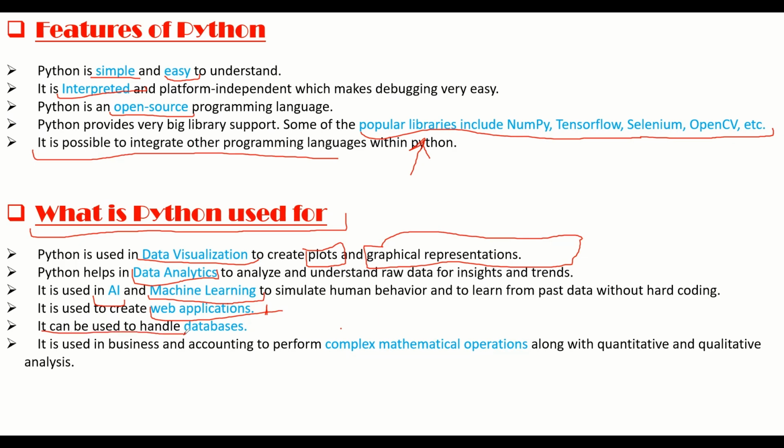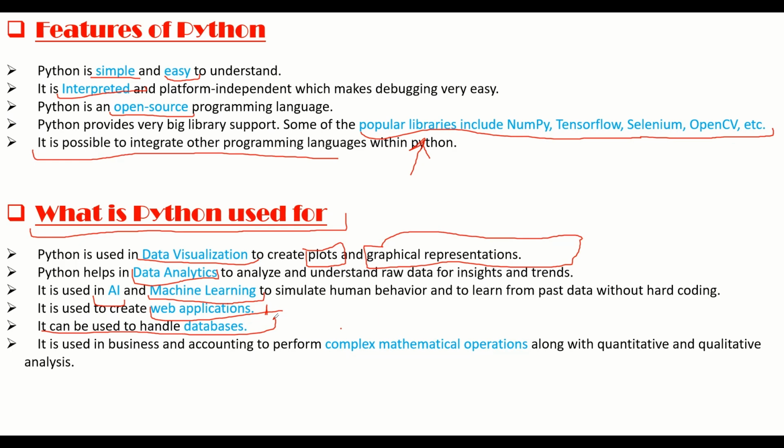It can be used to handle databases. So guys, Python is also used in database handling. Python offers libraries like SQLAlchemy and Django ORM that simplify database interactions and make it easier to work with relational databases.